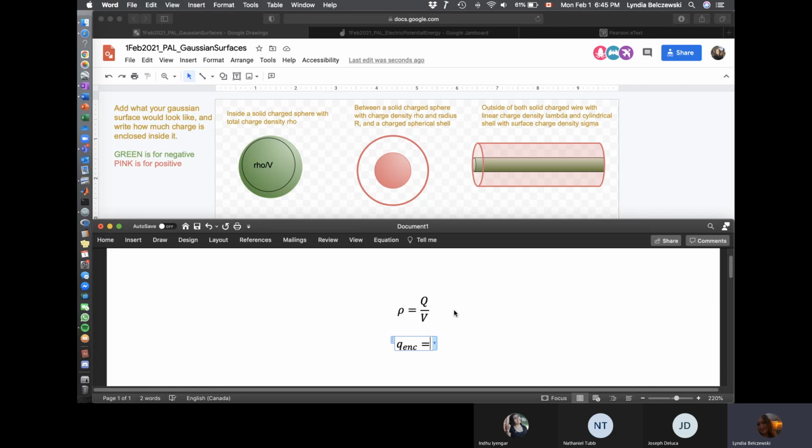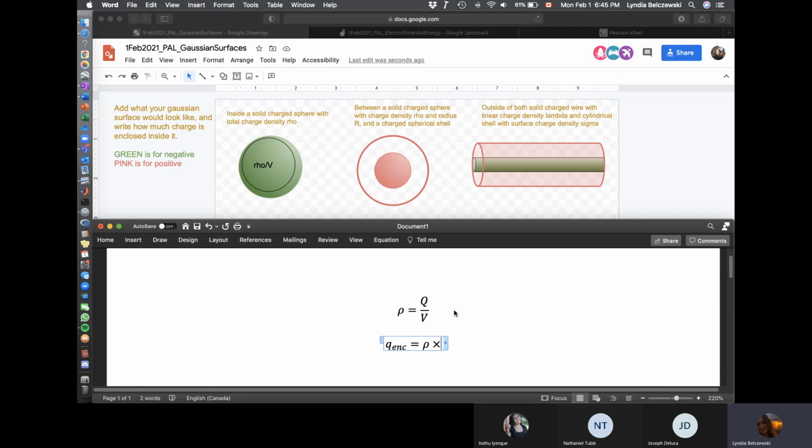that will be equal to the charge density, because that's a constant no matter what piece of this object you're looking at. You'll have the charge density multiplied by the volume, but it's the volume of your Gaussian surface, because you want to know the electric field at that surface.